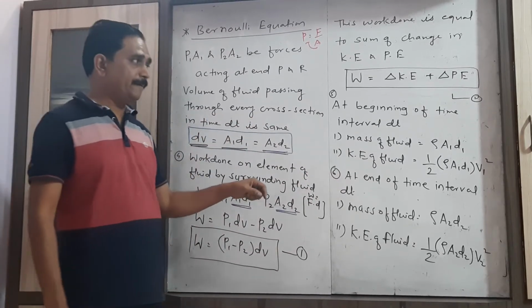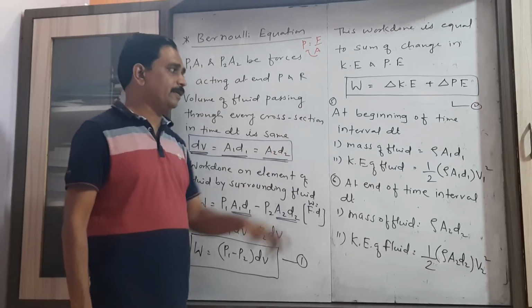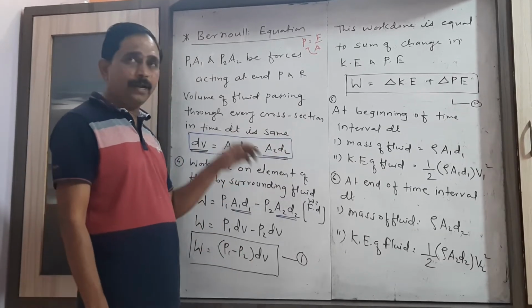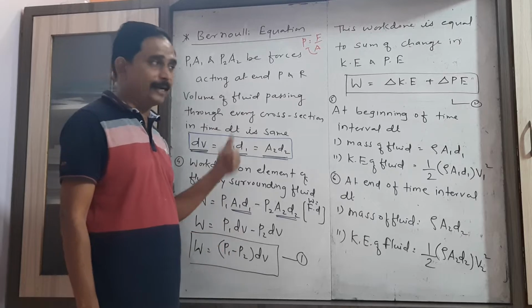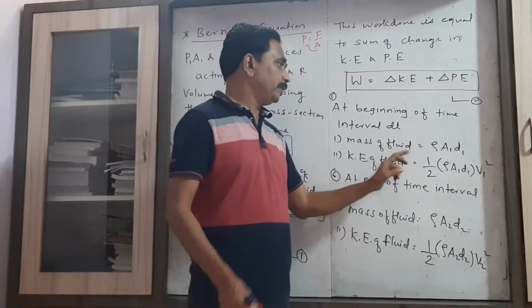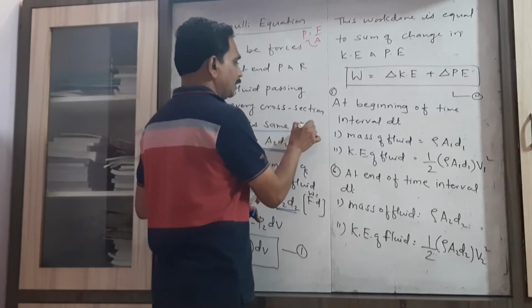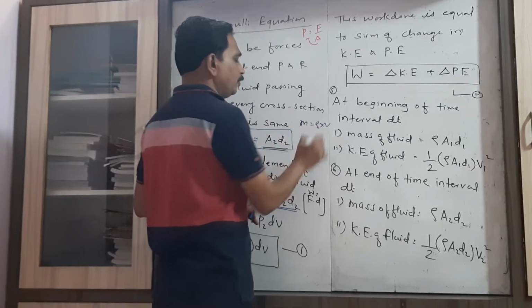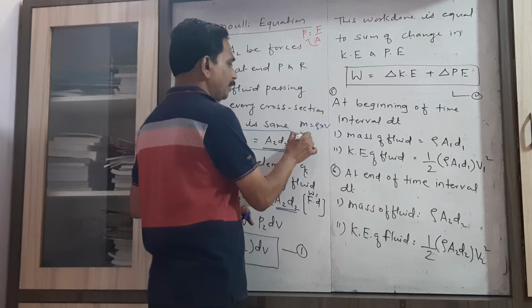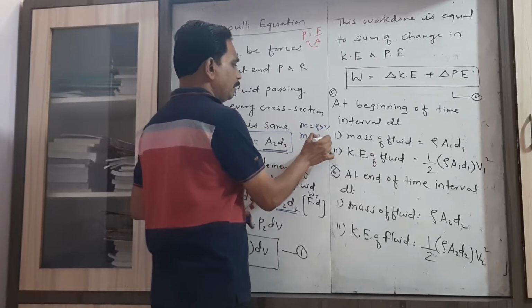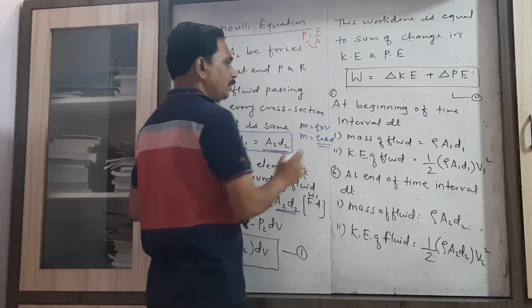So at the beginning of the time interval dt, the mass of the fluid entering at end P can be found by using the formula mass equals density into volume. That is mass equals density into area into distance.